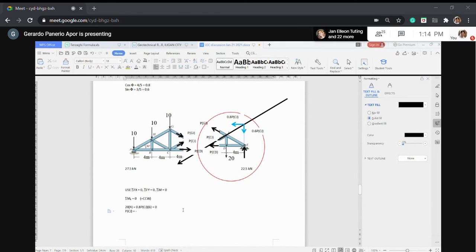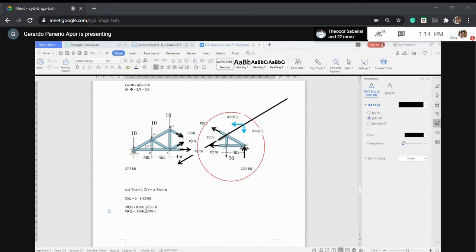minus 20 times 4 divided by 6, divided by 0.8. So that's negative 40 divided by 20, 50. PCG equals 50 over 20... 20 times 4, the 0.8, so times 6.